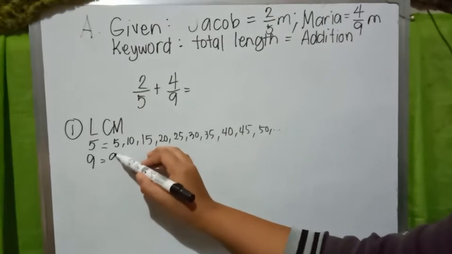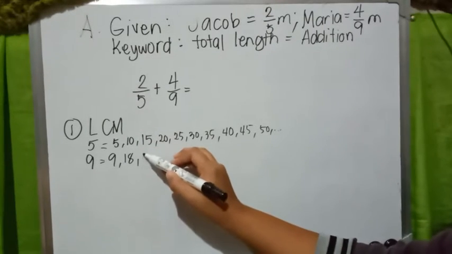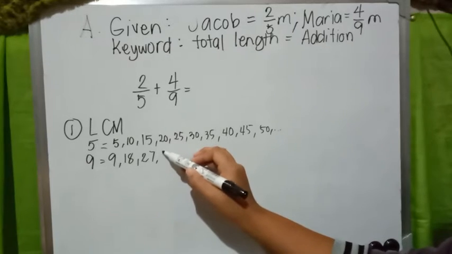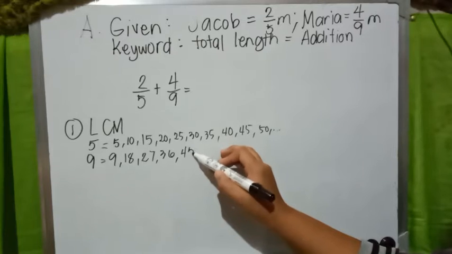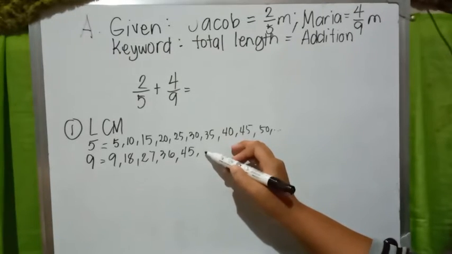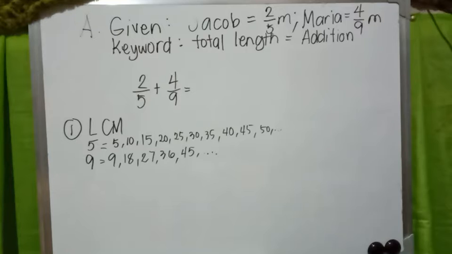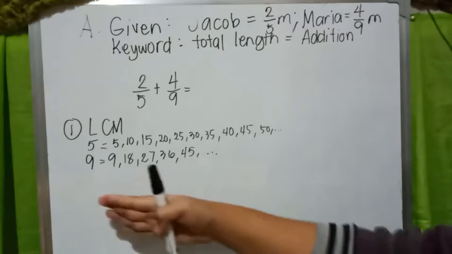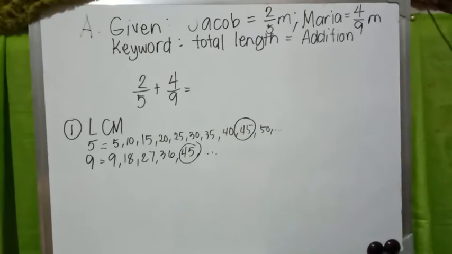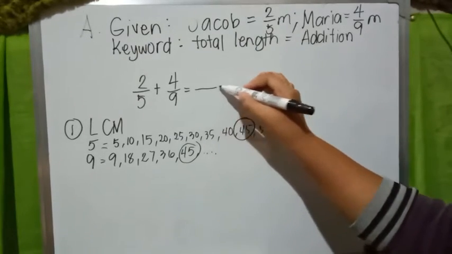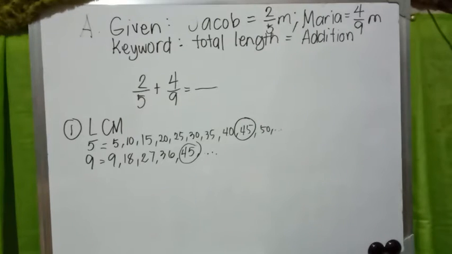How about 9? We have 9, 18, 27, 36, 45, and so on. As you can see, the least common multiple between them is 45. We need to get the equivalent fractions, and it will help us find the total length of the rope of Jacob and Maria.